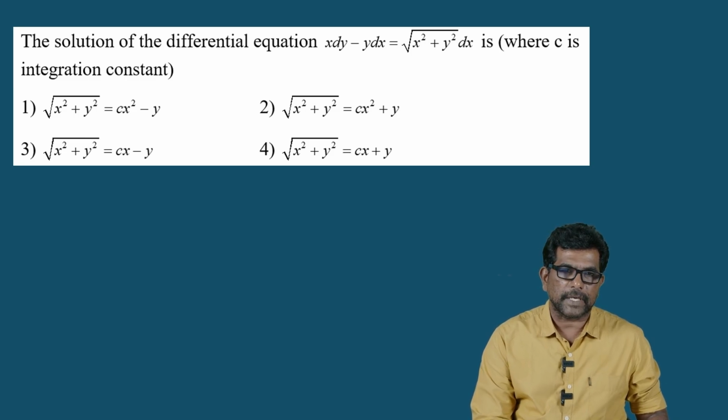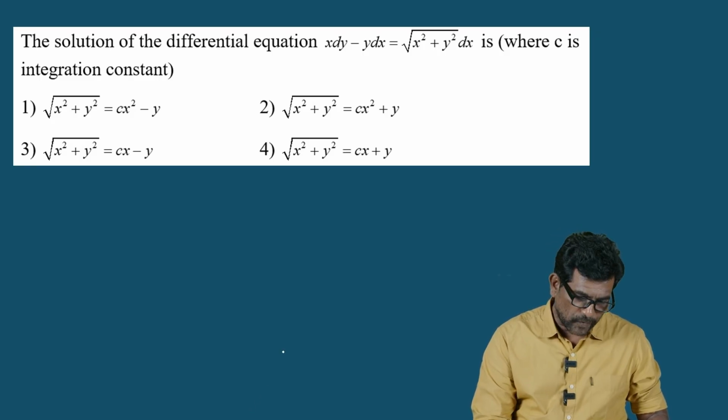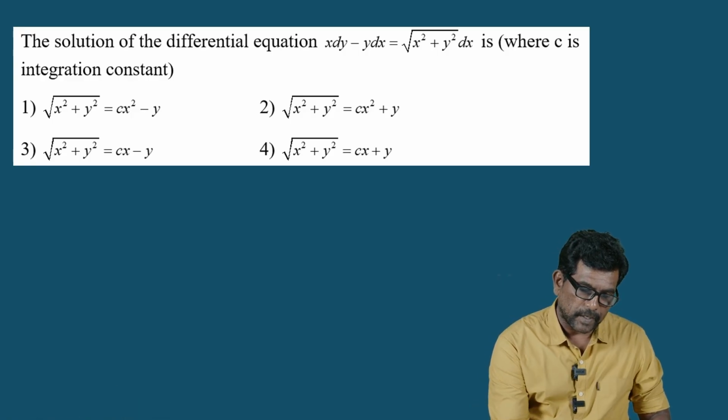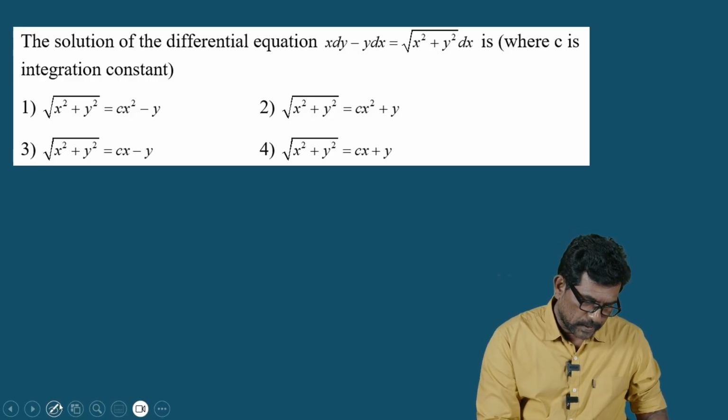The options are given. As usual, observing the equation x dy minus y dx is equal to square root of x square plus y square. You observe that equation, it is very clear.